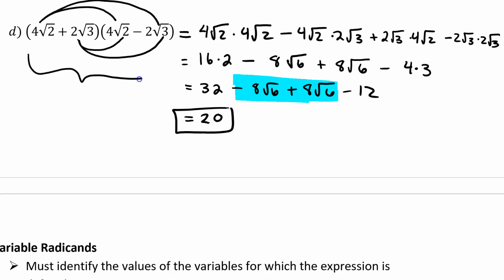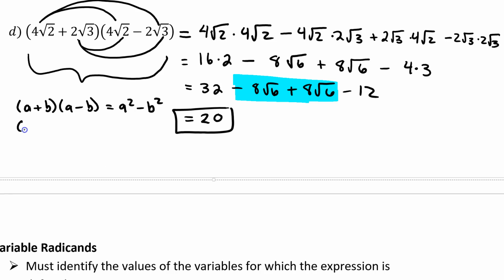What kind of factoring? It kind of reminds me personally of a difference of squares. Because if I said a plus b, a minus b, is a squared minus b squared.